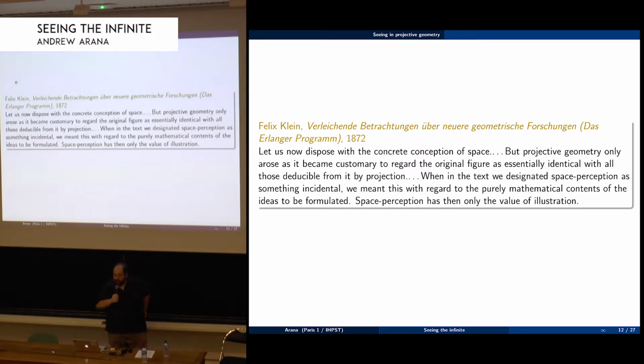When in the text we designated space perception as something incidental, we meant this with regard to the purely mathematical contents of the ideas to be formulated. Space perception has then only the value of illustration." And illustration was different than proof. Illustration was different than whatever conviction the proof was meant to bring about, whatever evidence the proof was meant to bring about. The figure was there just as a heuristic or as a kind of aid, maybe for the less algebraically inclined thinker, a crutch, you could say.